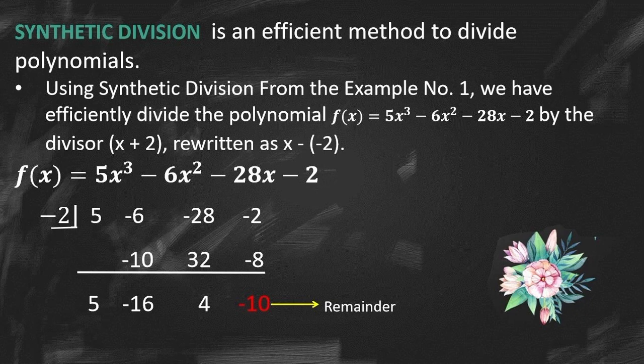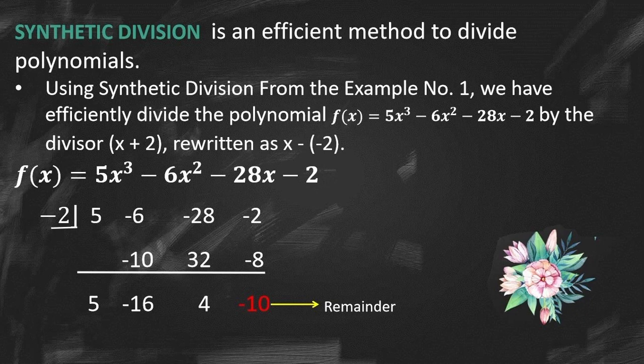Add again: negative 28 plus 32 equals 4. Then multiply again: 4 times negative 2 is negative 8. Put the negative 8 under the negative 2. Adding negative 2 and negative 8 gives us negative 10.